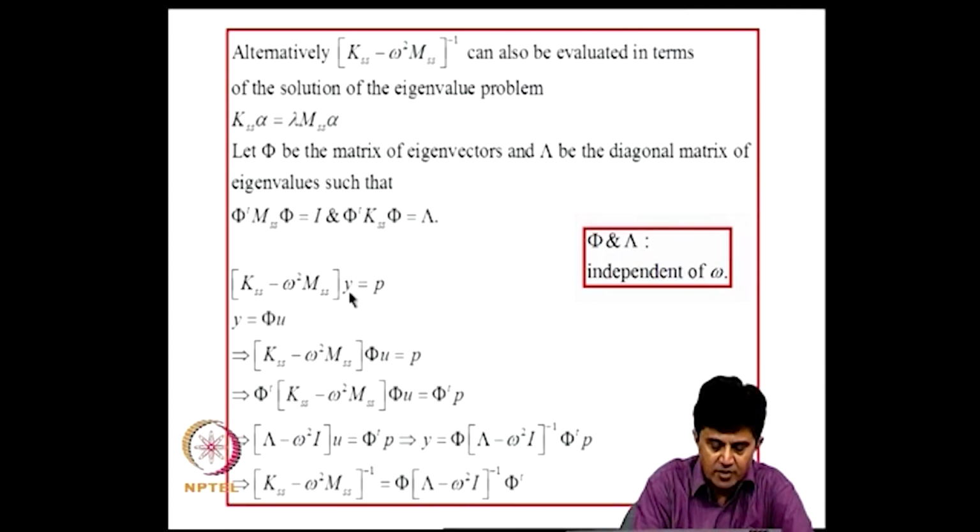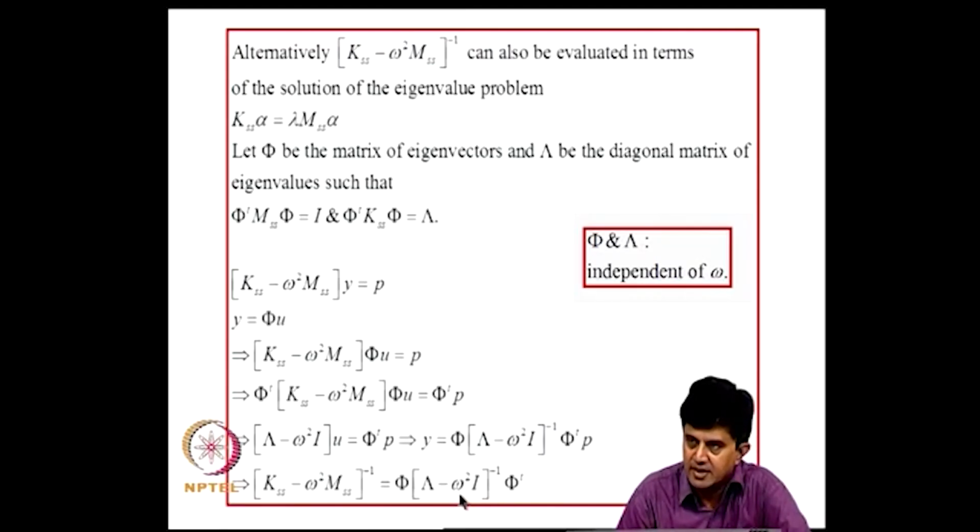If I make a transformation y equals phi u, where phi is this matrix of eigenvectors, and substitute here and use these orthogonality relations, I will be able to show that this inverse is nothing but this, and this is a diagonal matrix. So it does not require inversion. While computing phi there is no omega here, so the same phi can be used for different omegas. That is the idea which affords a simplification here.